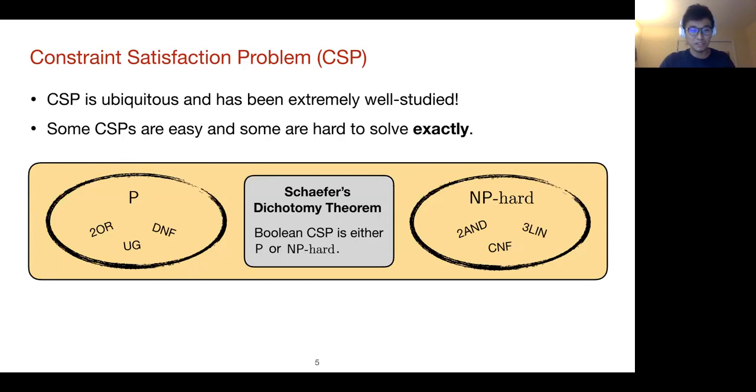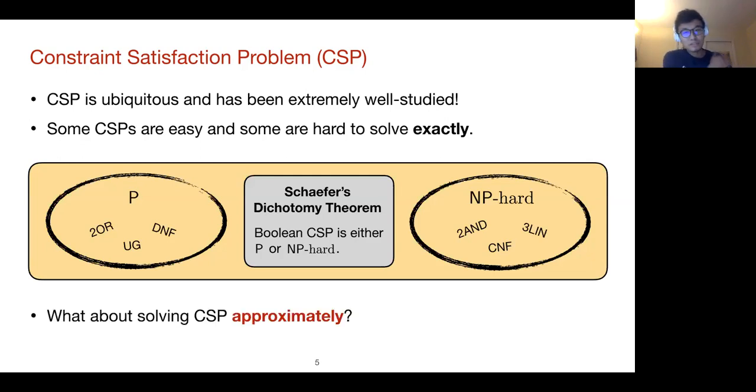So the status of exactly solving CSP is very well understood and has a very beautiful theory. However, it is also very natural to consider the approximation setting, but now the landscape is not so unifying.